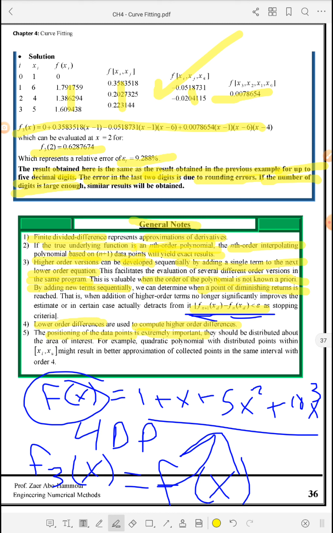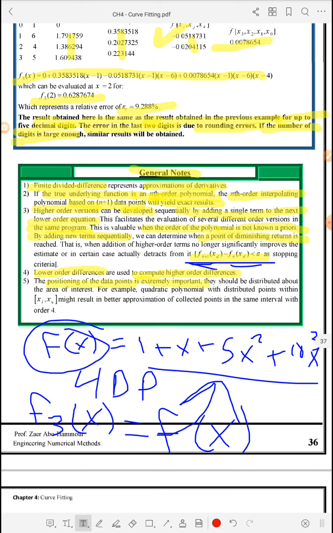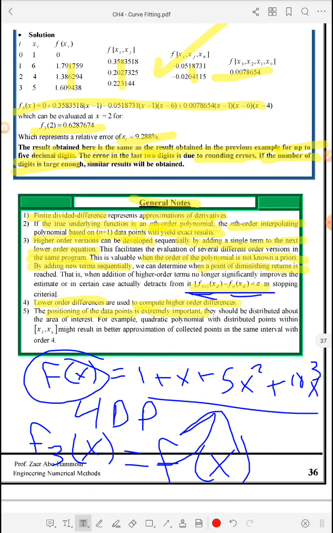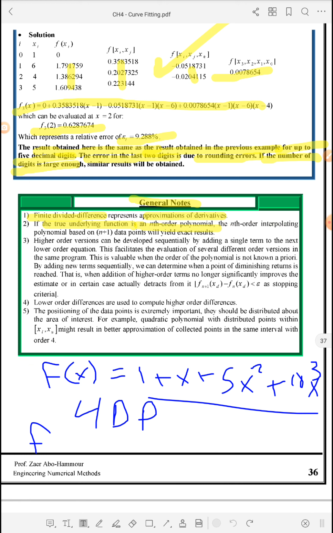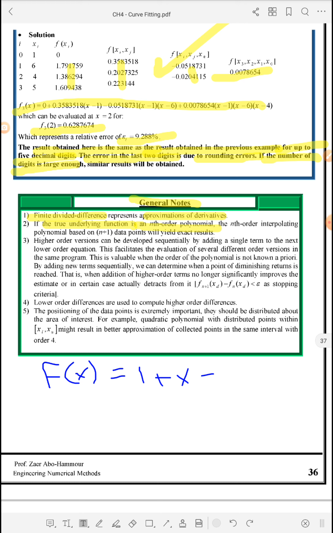Assume that we have a function that we want to sample between x equal to 1 and x equal to 5.